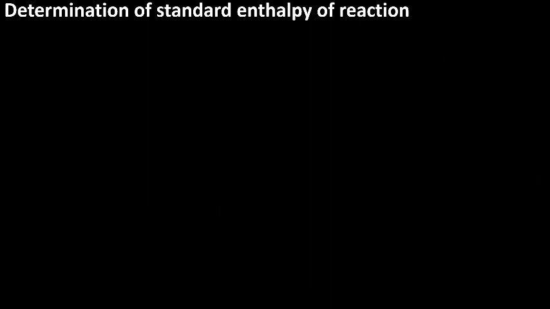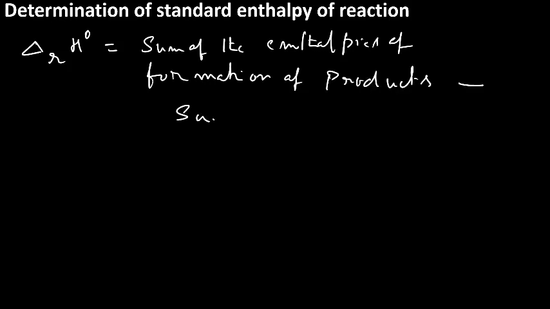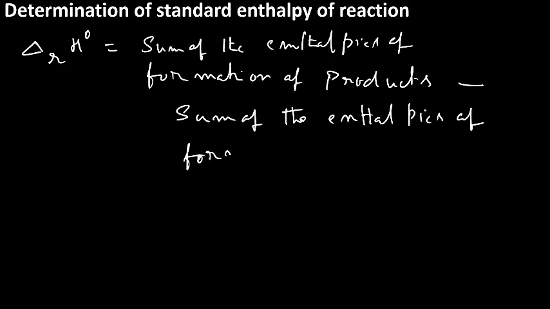By using Hess law, we can find the enthalpy change of a reaction, that is the standard enthalpy change of a reaction. So the standard enthalpy change delta R H naught is equal to the sum of the enthalpies of formation of products minus the sum of the enthalpies of formation of reactants.